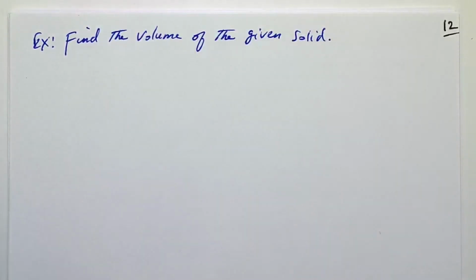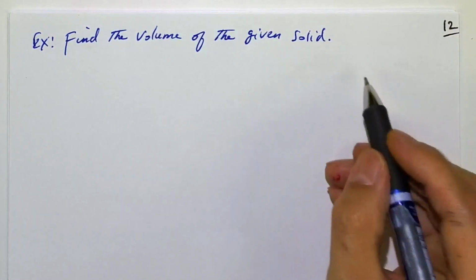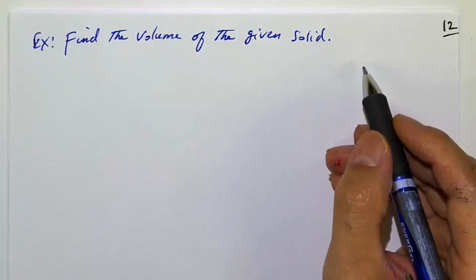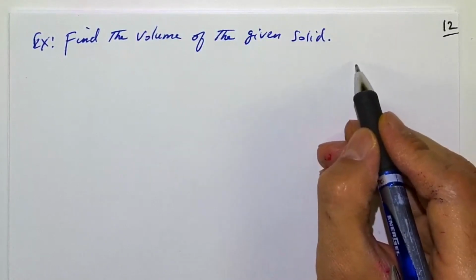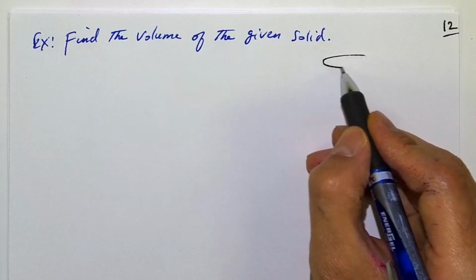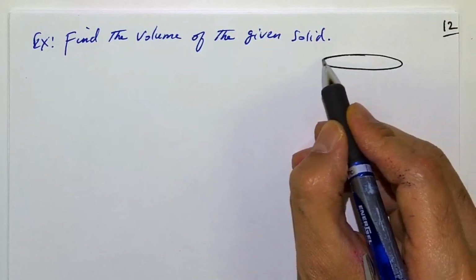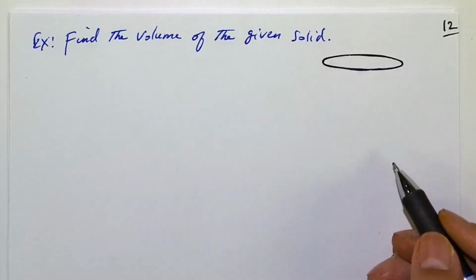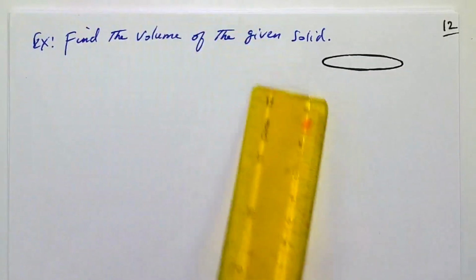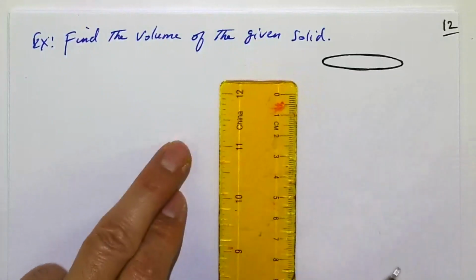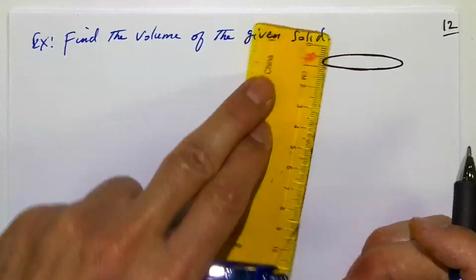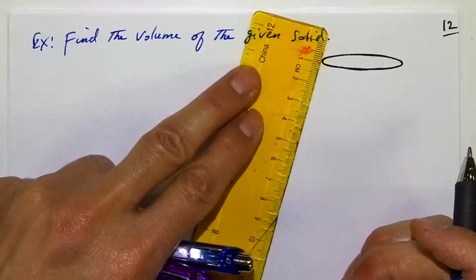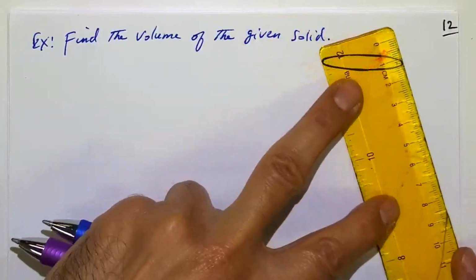Okay, I'll try to draw this as best as I can. The solid that we are given looks like this, and it's got two sides. So it's got a side that goes like this. Well, maybe I should draw this one first.